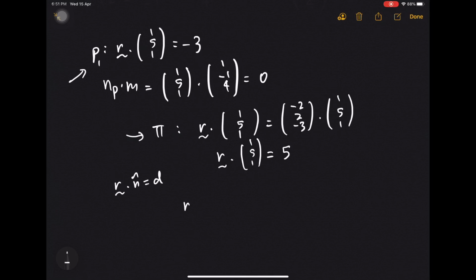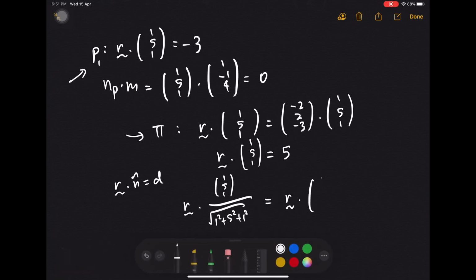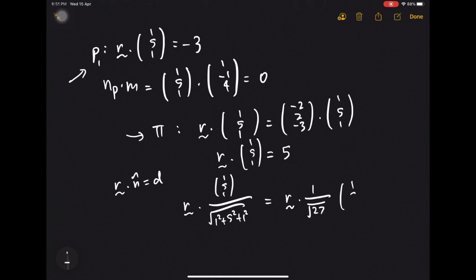So I'm going to write down 1, 5, 1, and the square root of 1 squared plus 5 squared plus 1 squared, and this will give me 1 over square root 27. We're going to multiply it over to the other side, and that will get me negative 3 over square root 27. So we're going to keep this in mind.